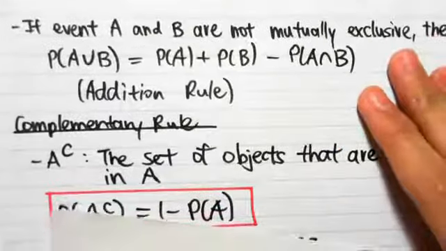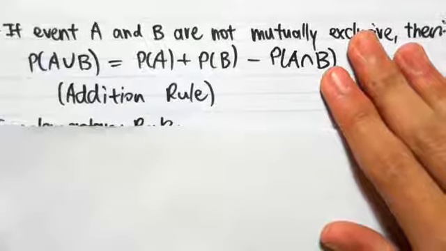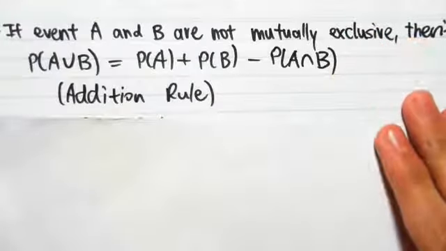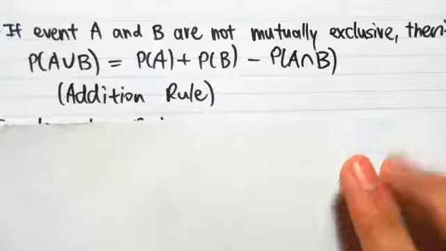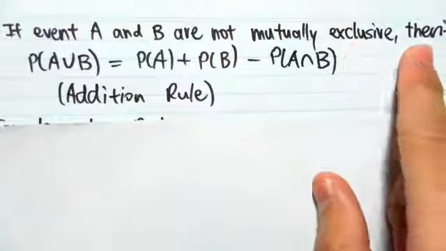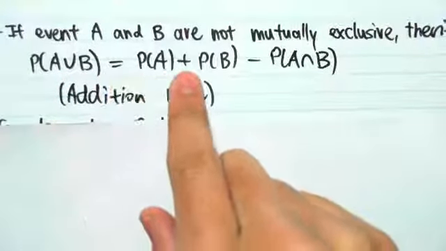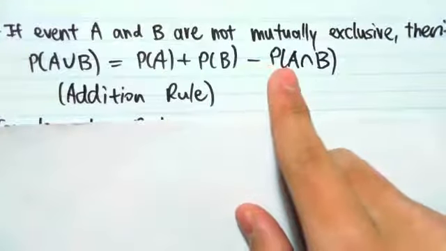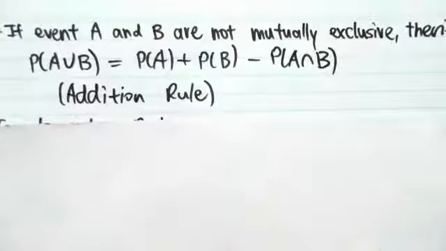Okay, so let's move on to the next concept. In the previous video, we talked about events being mutually exclusive. So let's go on to a case where events are not mutually exclusive. If events A and B are not mutually exclusive, then the probability of A union B is equal to the probability of A plus the probability of B minus the probability of A intersection B. And this is called the addition rule.